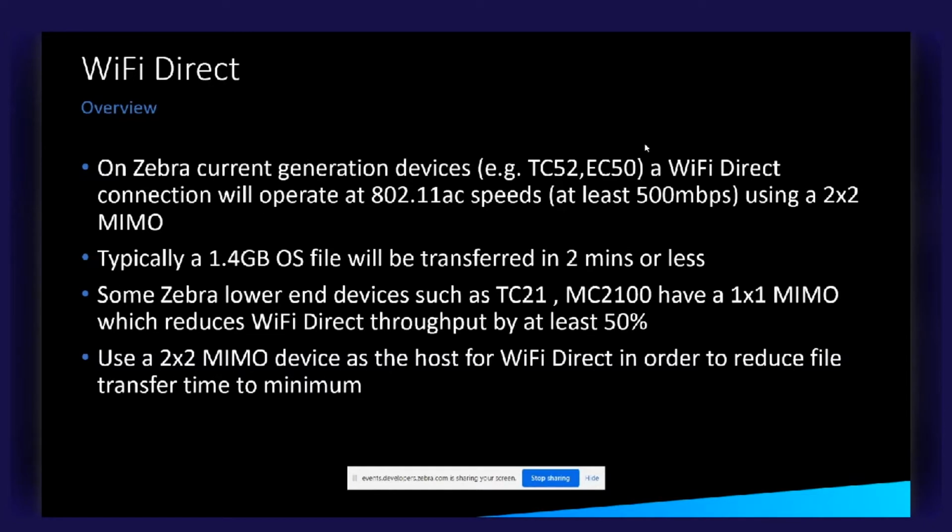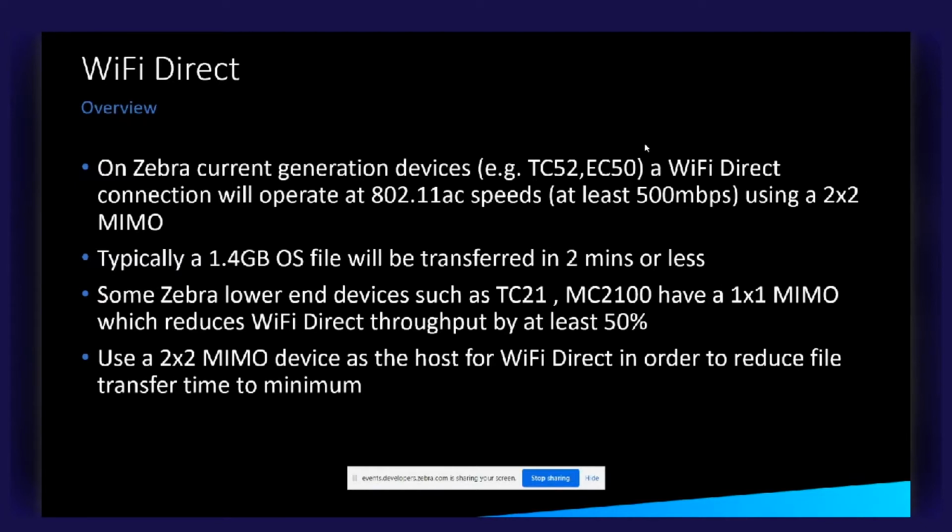If you look at some of our lower end devices like TC21, MC2100, those have a 1x1 MIMO design, which is going to give you at least 50% lower throughput. So obviously your update time on the lower end device is going to be longer.